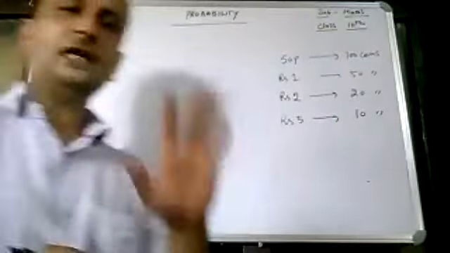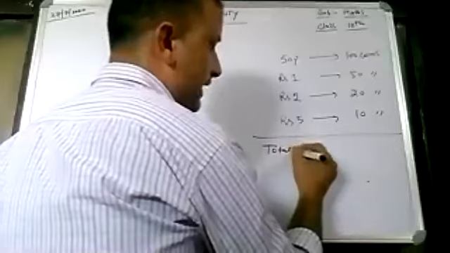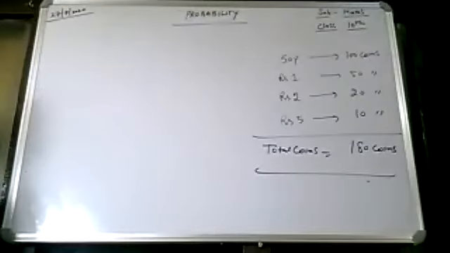So you know class probability में divide किससे करते हैं? Total से. So total coins कितने होंगे class? Total coins means सबको add करो. 180 coins. So class denominator पता चल गया. That is 180 denominator. Now what is the question?